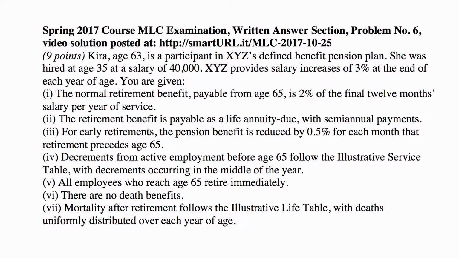Decrements from active employment before age 65 follow the illustrative service table, not life table, sorry, illustrative service table with decrements occurring in the middle of the year. All employees who reach age 65 retire immediately. There are no death benefits. Mortality after retirement follows the illustrative life table with deaths uniformly distributed over each year of age.